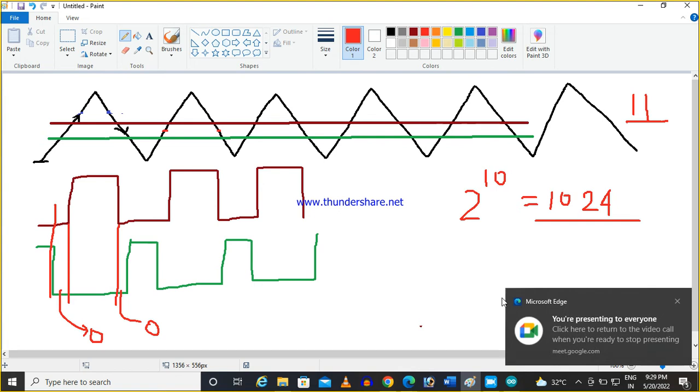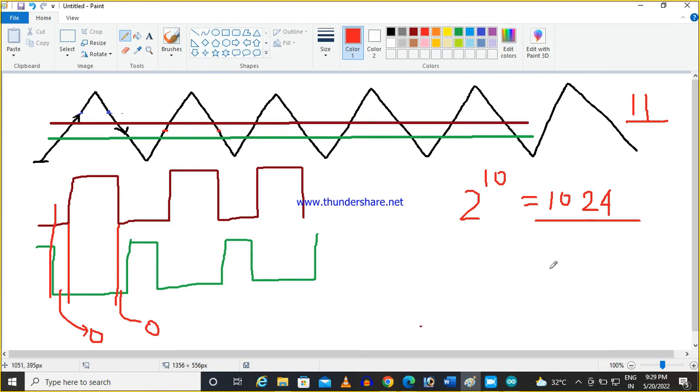We will get full duty cycle, always high. If I give 512, it is 50% duty cycle. If it is 256, it is 25% duty cycle. Like that way, it will vary. Now, what should be the period? Otherwise I can't calculate this dead time.